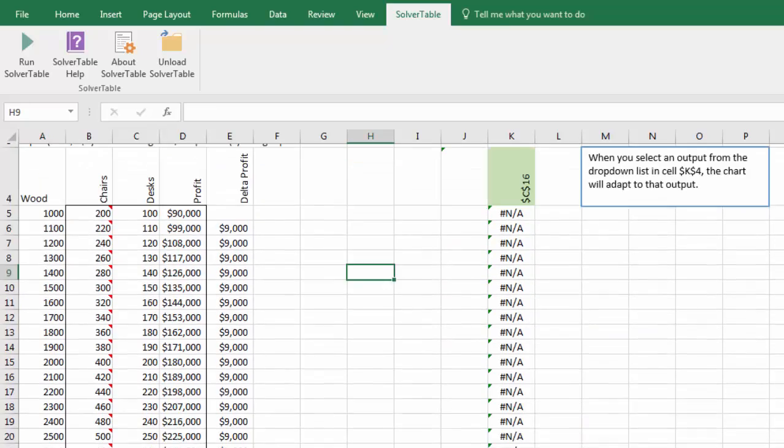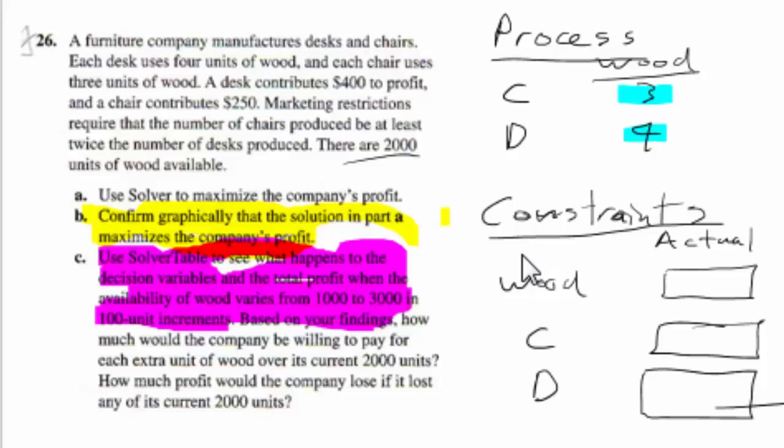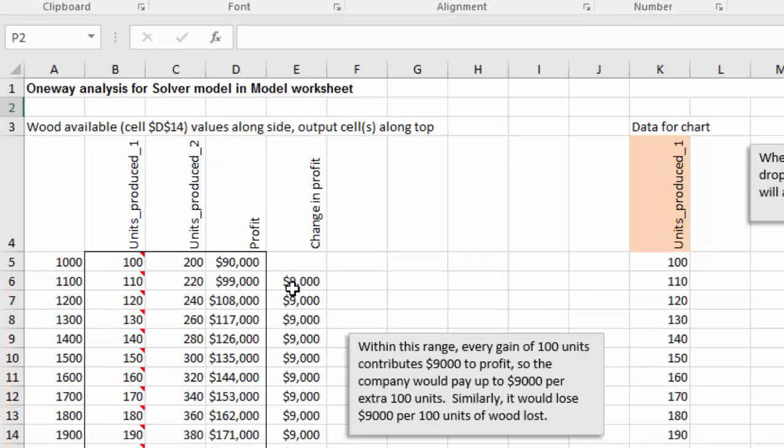So the problem's asking us, how much would the company be willing to pay for an extra unit of wood over its current 2,000 units? And the answer is quite simple. It adds 9,000 to profit to get another 100 units of wood. So let's call this shadow price per unit.